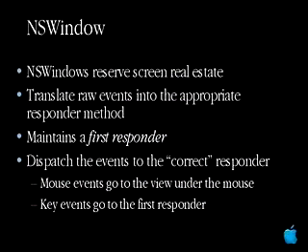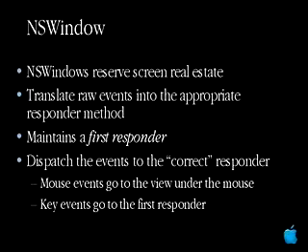NSWindows reserve screen real estate for you. NSWindows do not themselves draw, but they handle the necessary coordination between other windows and other applications to reserve space for you to draw. When an NSWindow receives an event, it does the work of translating the raw event into the correct responder method and then handing it off to the correct responder to process the event. Well, the events usually come in one of two kinds.